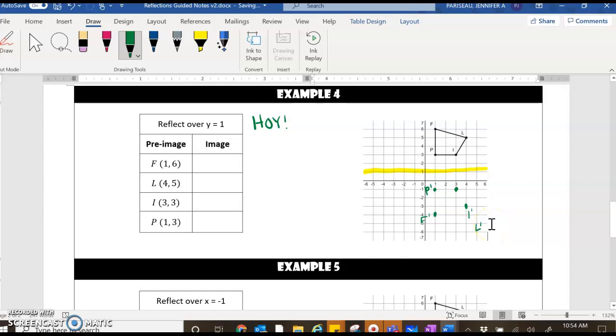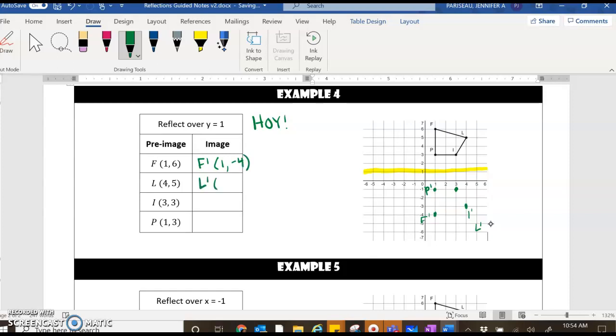All right, so it doesn't matter where your line of reflection is, but we do just want to make sure that if we were to look at these points, F prime is at 1, so the X value didn't change, but it's not just the opposite of the Y value because we shifted our line of reflection up a little bit, so it's actually -4.